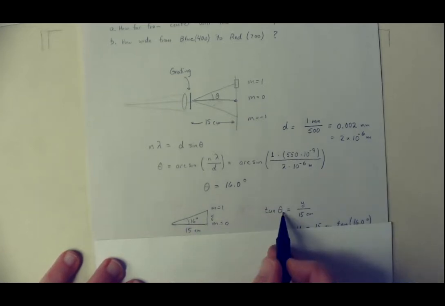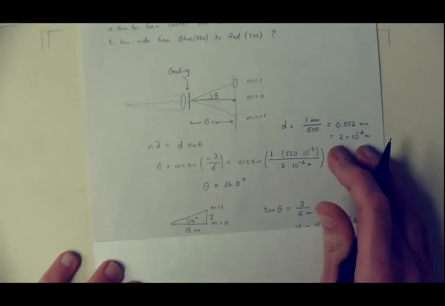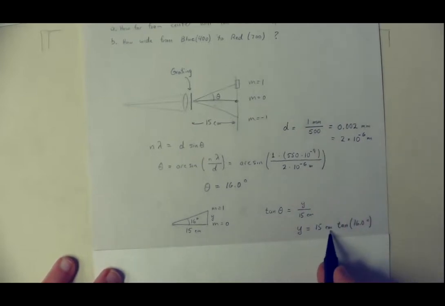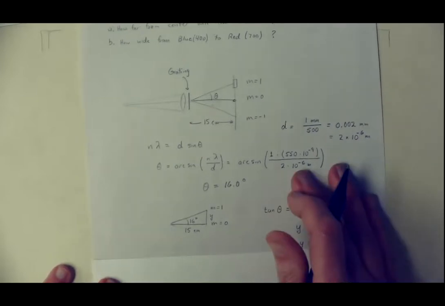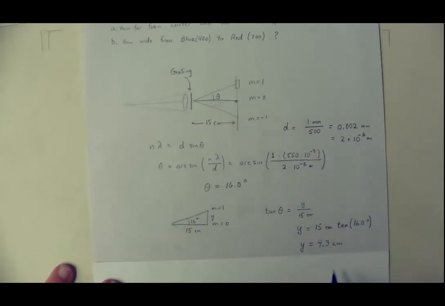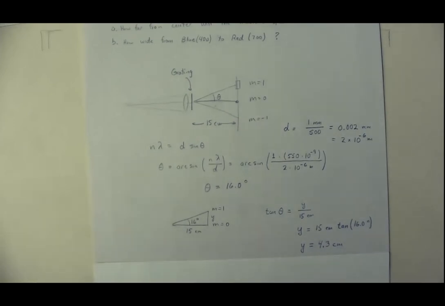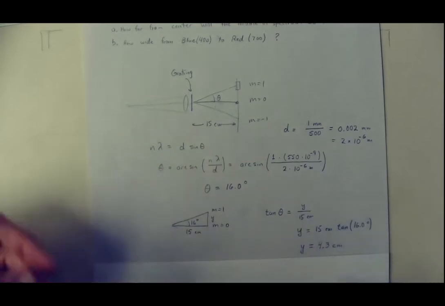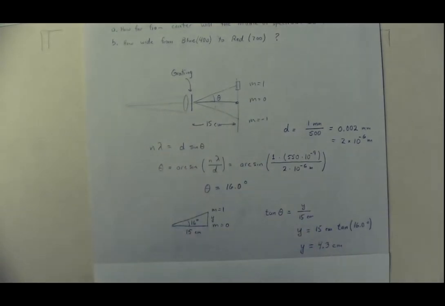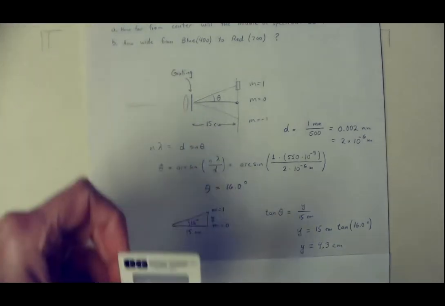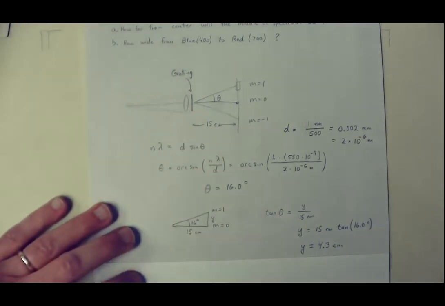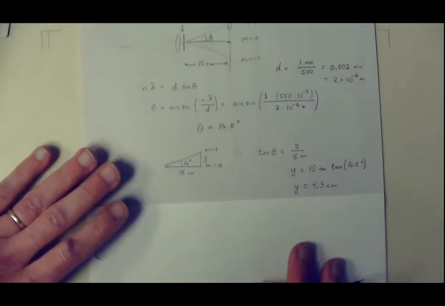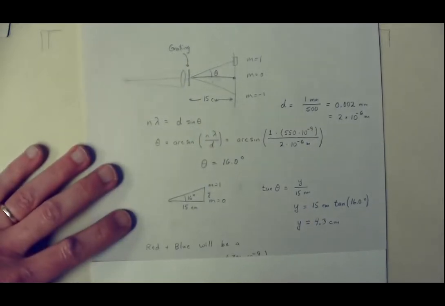The tangent of 16 degrees is y over 15, and so y is 15 times the tangent of 16, and that comes out to be 4.3 centimeters. So not quite 2 inches is how far apart it was, and that's where the spectrum would have been when I held the grating right up to the lens and it was 15 centimeters away. Later on, I was holding it much closer.